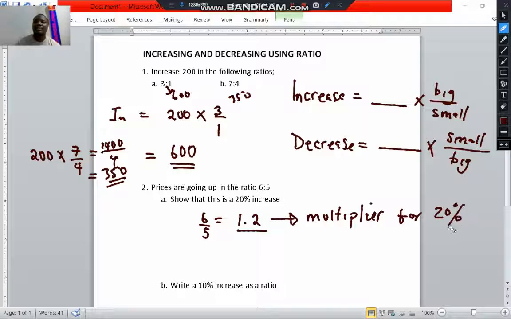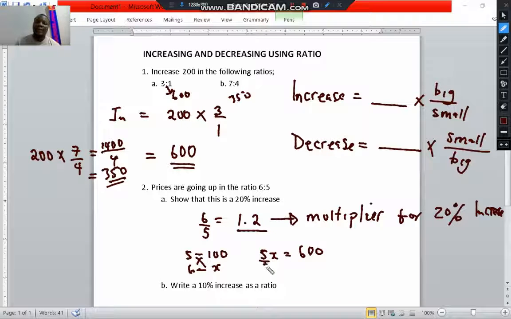So you've shown that 1.2 is a multiplier for 20% increase. In other terms, we can say if 5 is equal to 100%, then what is 6 equal to? These are methods that I don't really like using, so we cross multiply to find 5x equals 600.